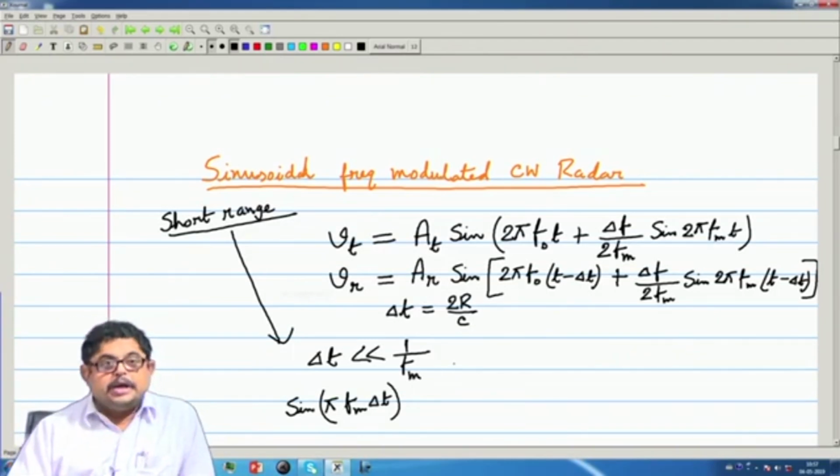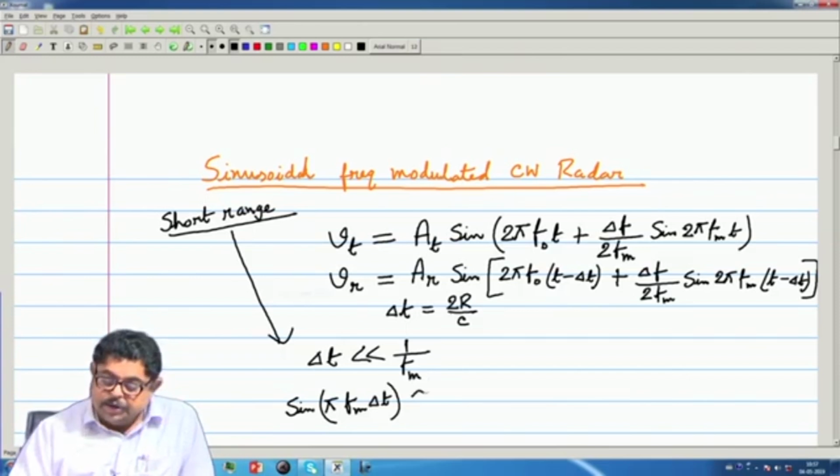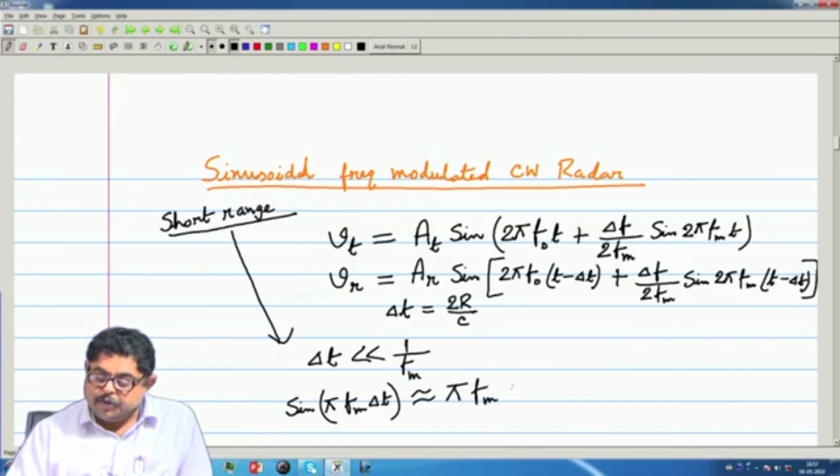We know that sin theta is equal to theta for small arguments, so I can write this equal to pi f_m delta t.